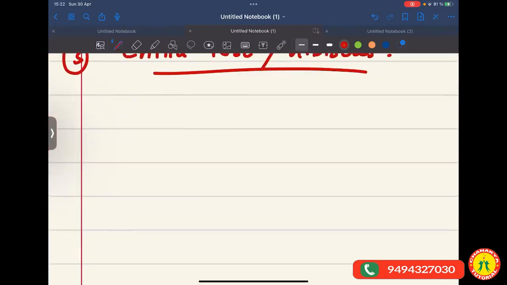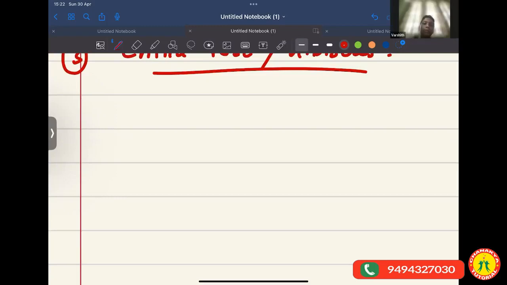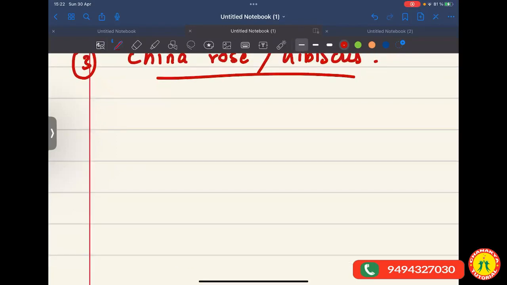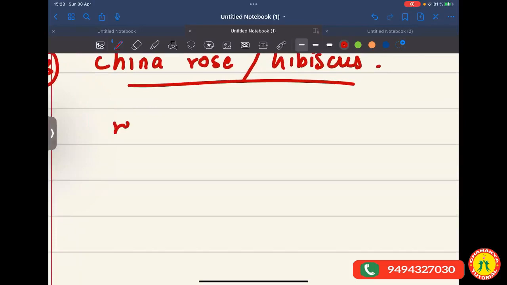You're going to grind it. So the color of the China rose solution will be in? Ma'am, purple color. No, ma'am, when we grind it, red color. Red color. So the juice will also be in red color. So it's basically a red solution.